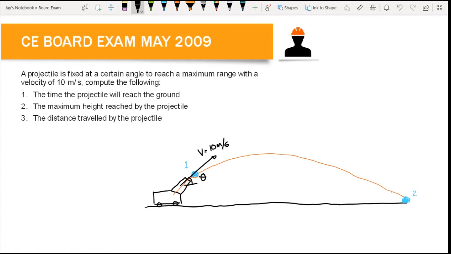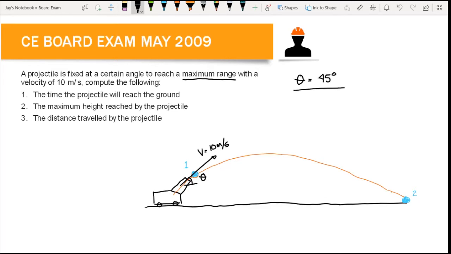But since the problem did not indicate a value of the angle, that means we would have to compute this one. But according to the problem, the angle should help the object to reach a maximum range, okay? And that maximum range would be achieved if the angle theta is equal to 45 degrees.